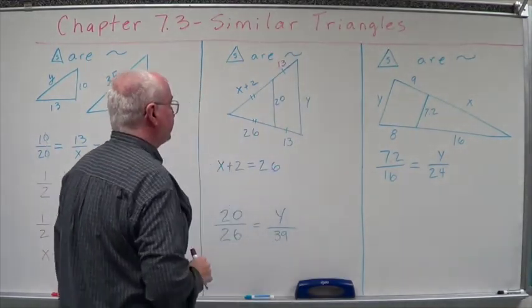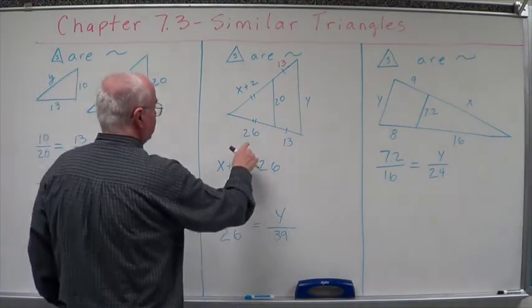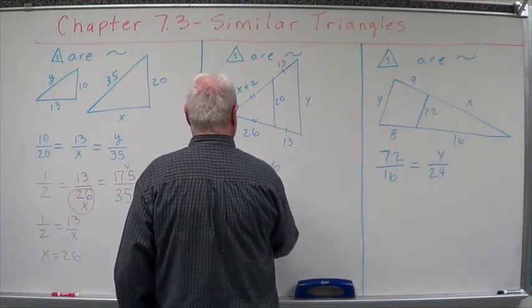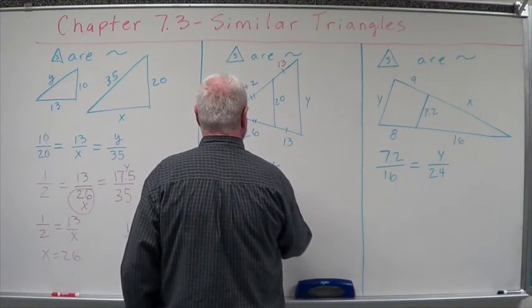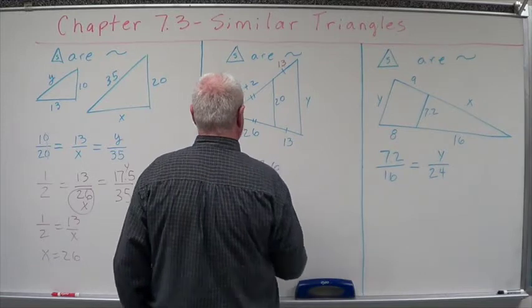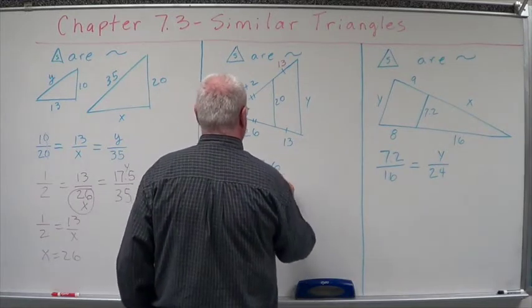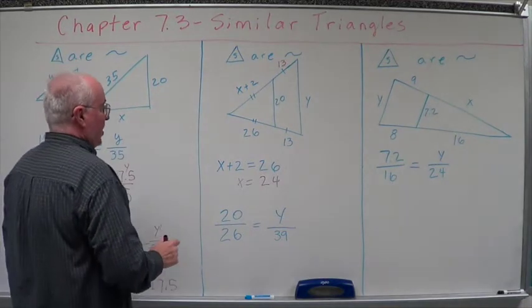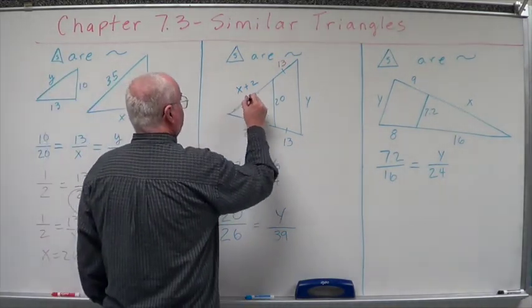Okay? Well, this means that x plus 2 equals 26. So x has to equal what? 24. Okay? And then also we know that we have this triangle right here.